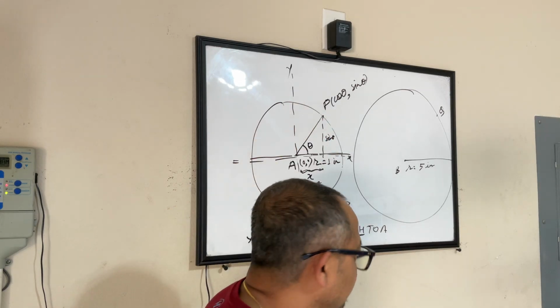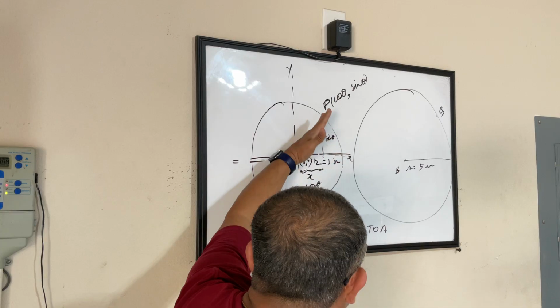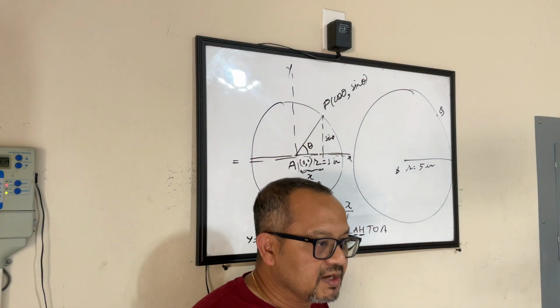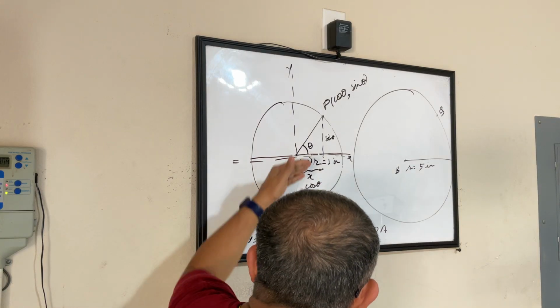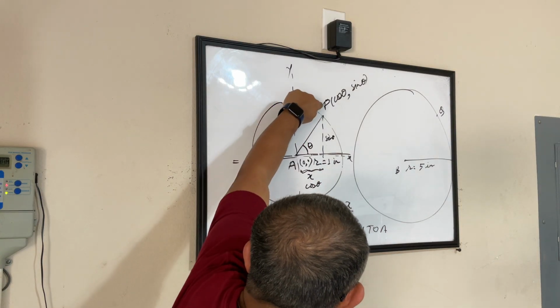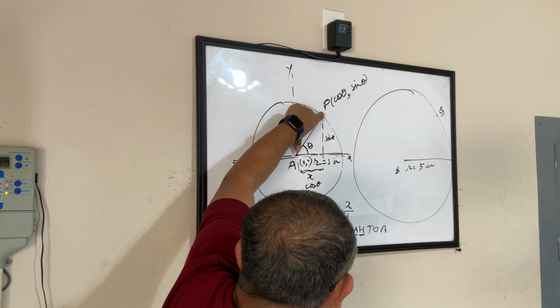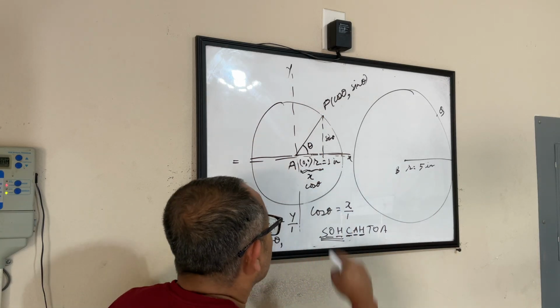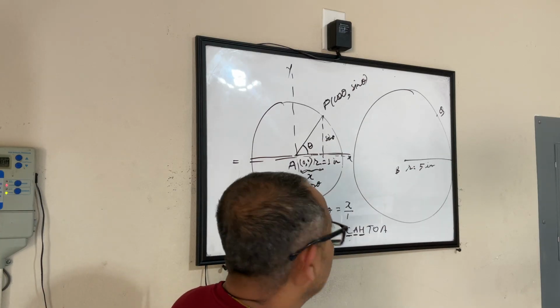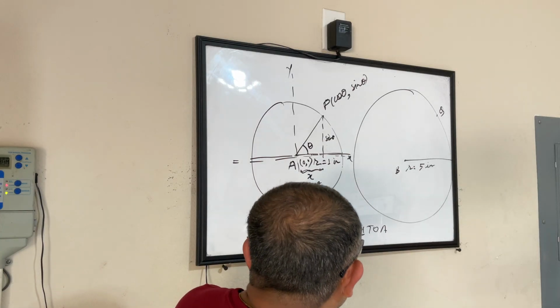Theta could be anything. We don't know what the value of theta is, but we are saying this angle is theta. Let it be 30 degrees, 45 degrees, 60 degrees, whatever it be. Then we joined these 2 lines, and this is making angle theta with the x-axis.